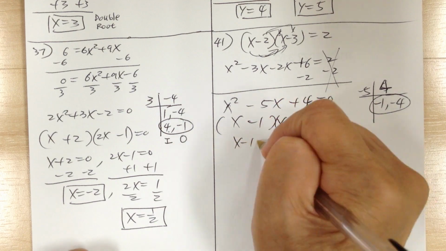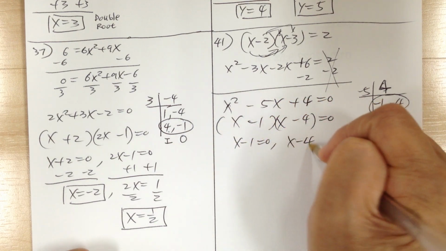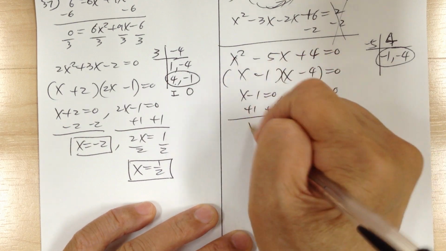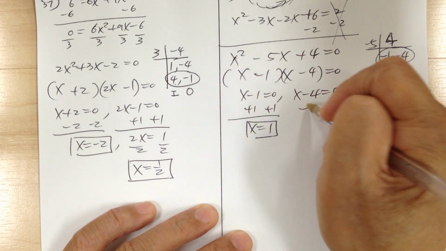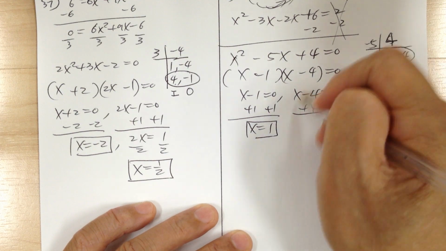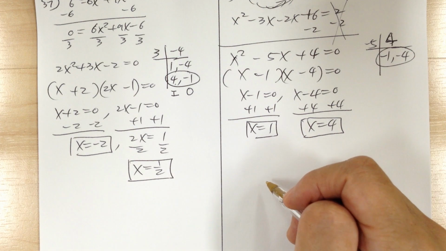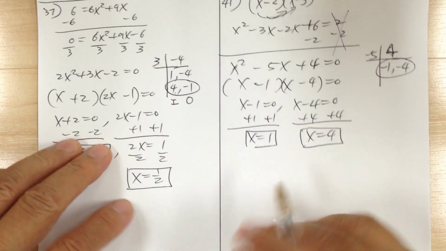So you're going to get x minus 1 equal to 0, x minus 4 equal to 0, and then you solve. So plus 1, so you get x equal to 1, and plus 4 on each side, so you get x equal to 4. Okay, and that's it. Okay, let's go to the next one.